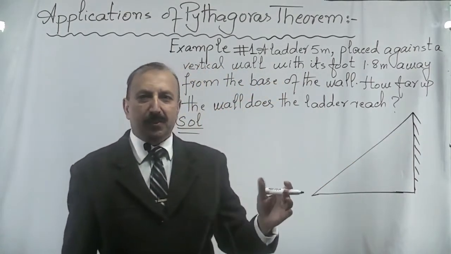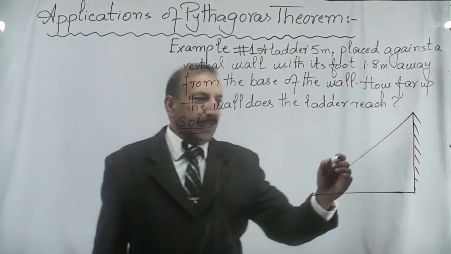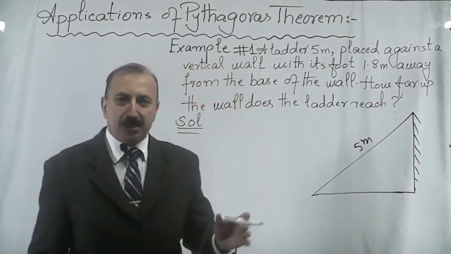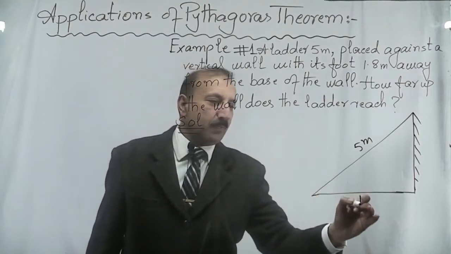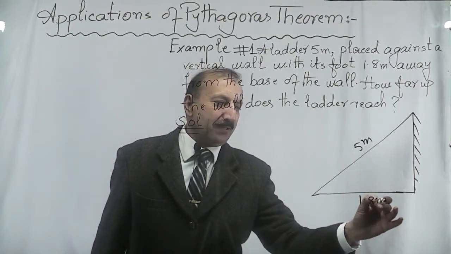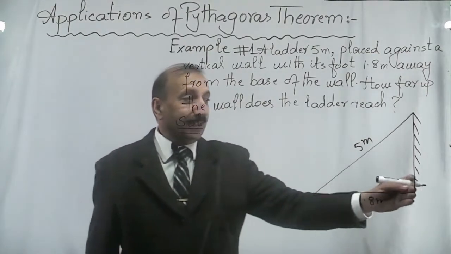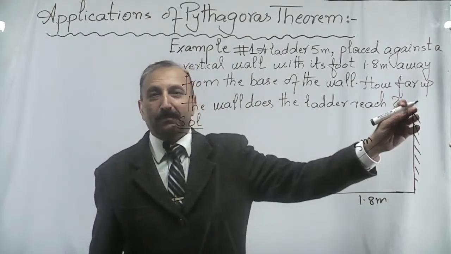You can make a little shape, but this line is representing the ladder and its length is 5 meter, and it is given in the problem that this point is 1.8 meter away from the foot of the wall, and we are supposed to find how high the ladder reaches on the wall.